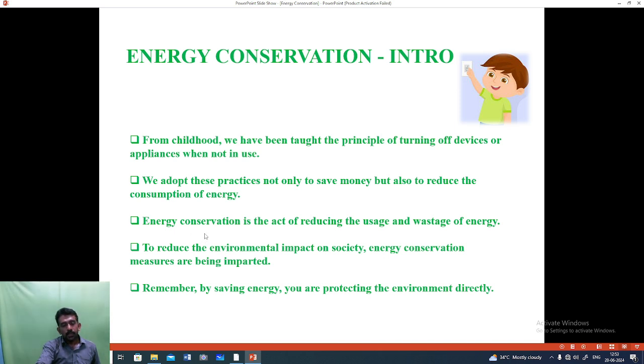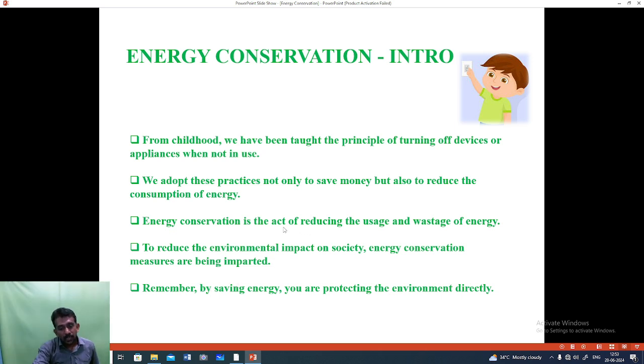Next, energy conservation. Basically, it is an act of reducing the usage and wastage of energy. To reduce the environmental impact on society, energy conservation measures are being imparted. So remember, when you are saving energy, you are directly protecting the environment.